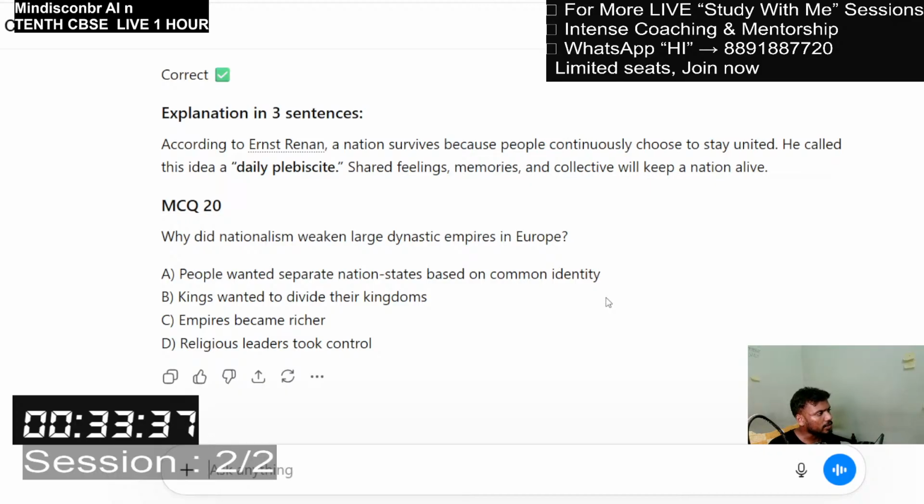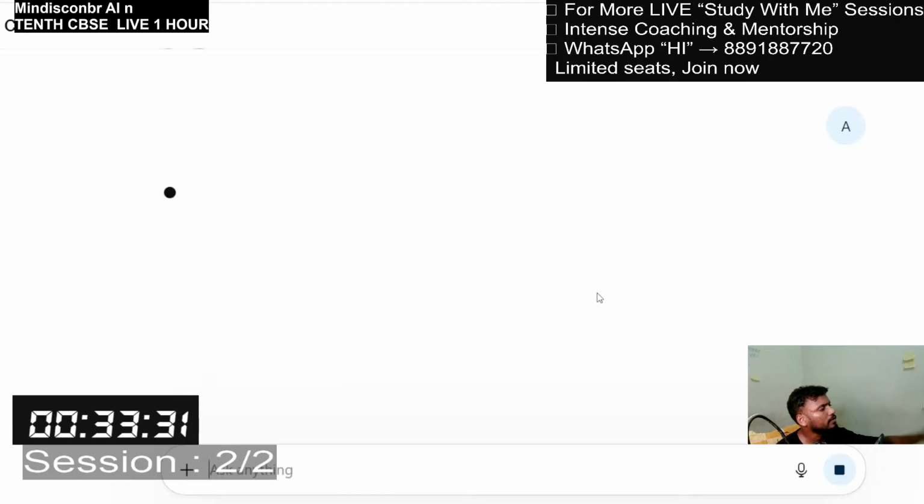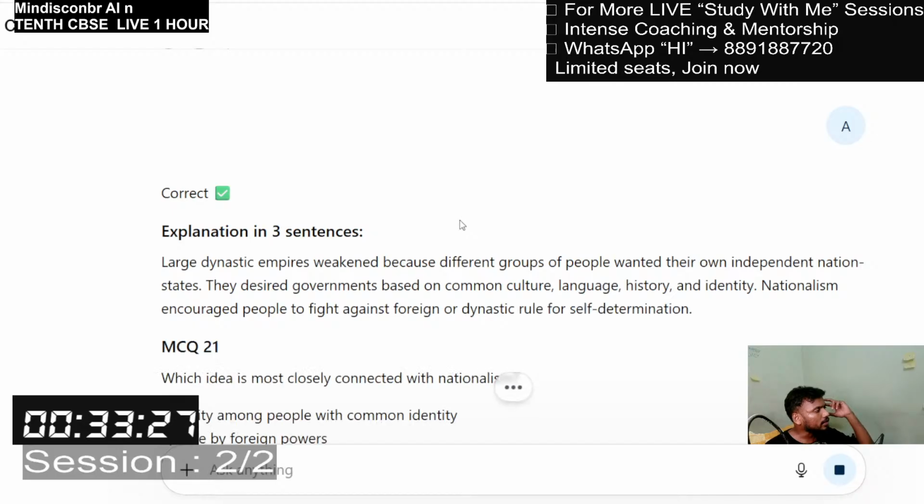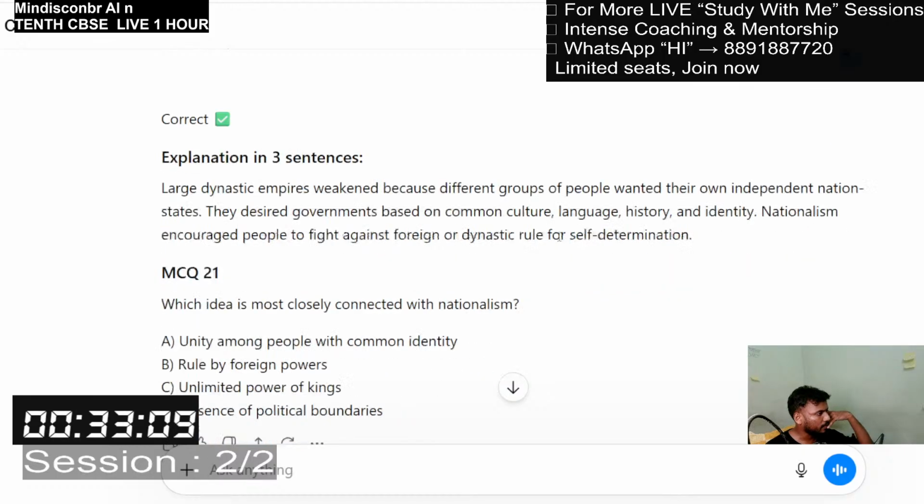No. Religious leaders took control? No. People wanted separate nation states based on common identity. Large dynastic empires weakened because different groups of people wanted their own independent nation states. They desired governments based on common culture, language, history, and identity. Nationalism encouraged people to fight against foreign or dynastic rule for self-determination.